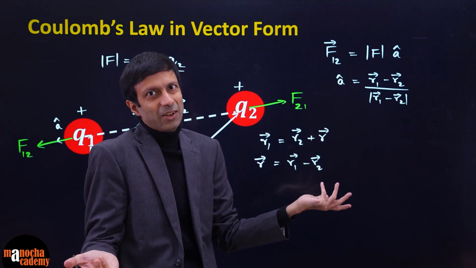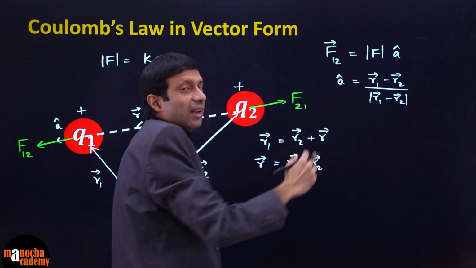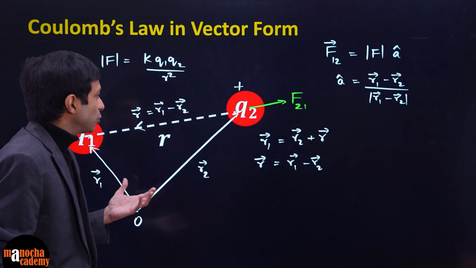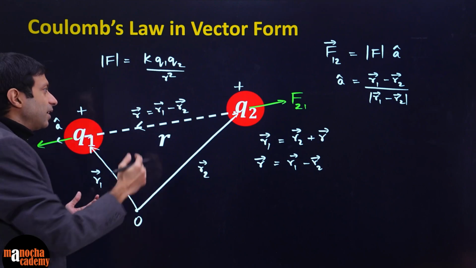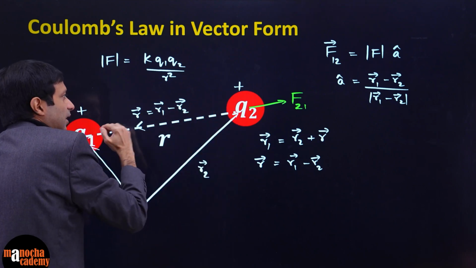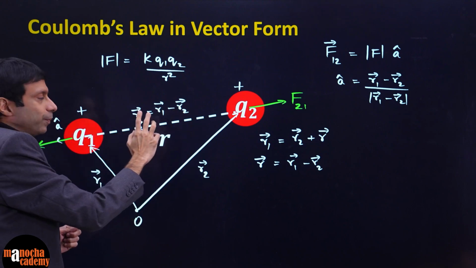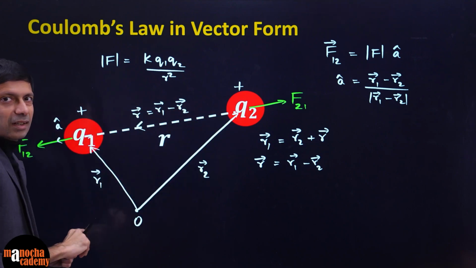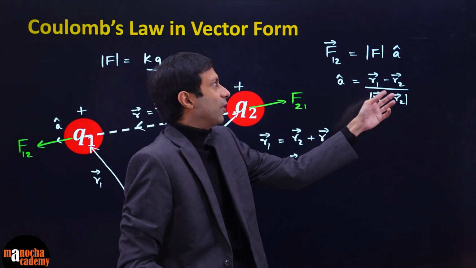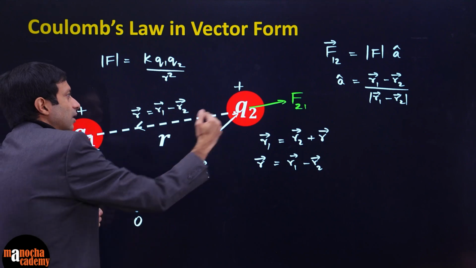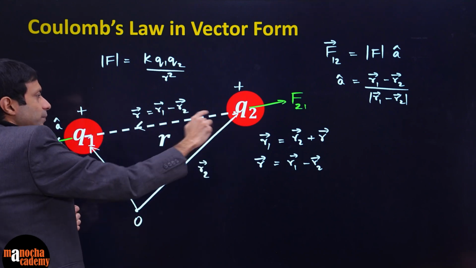As simple as that. So now I can substitute that and I'm going to get Coulomb's law in vector form. Do you guys agree? So everyone has got the logic here, right? That this direction, this vector is basically R1 minus R2. This is what this vector is. And I want a unit vector in this direction. So it's going to be R1 minus R2 by the magnitude, right? This is R1 vector, this is R2 vector. This vector is R1 minus R2.